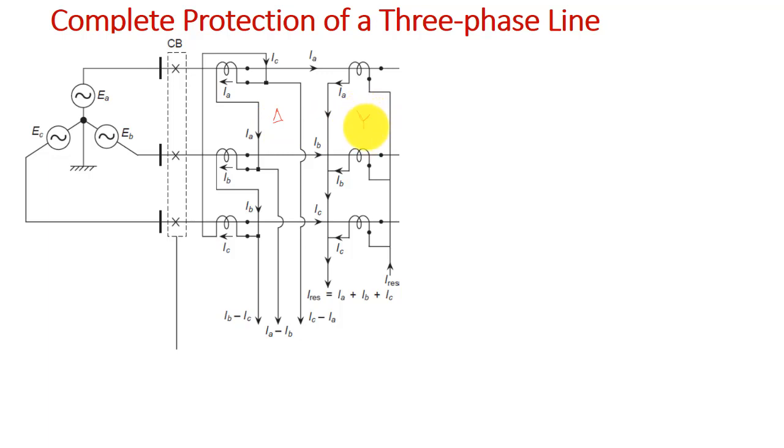In the star connection, it is connected in order to find the residual current IA plus IB plus IC in the secondary side of the current transformer. Therefore, we need 2 sets of current transformers. One set will give us the difference of the currents, that is IA minus IB, IB minus IC and IC minus IA, and another set of CTs will give me the residual current, that is IA plus IB plus IC.